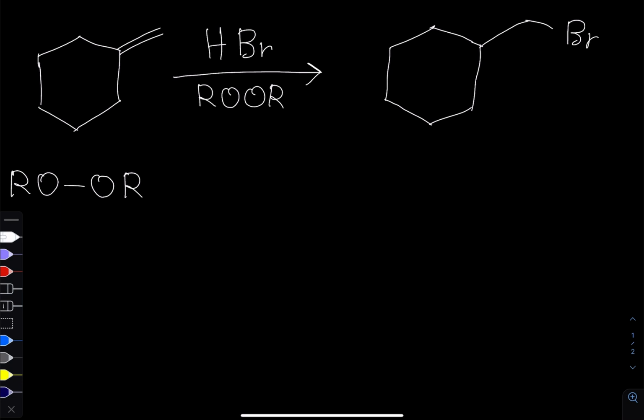But it's not going to break the normal way. It's going to break like this. One electron from the bond is going to go to one oxygen, and the other one is going to go to another oxygen. So we are going to get an R group, which is any group of carbons or hydrogens, and an oxygen with a radical on it. So that's a single unpaired electron.